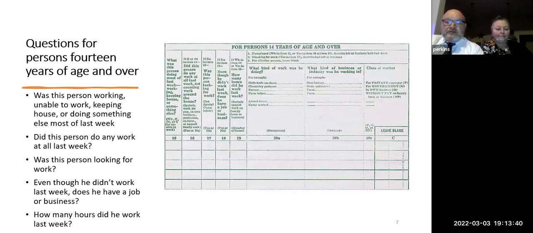Then it starts asking questions about those 14 years old and older. These are work questions that deal with what has gone on with the individual throughout the year before, to give you an idea of what's going on with their work.